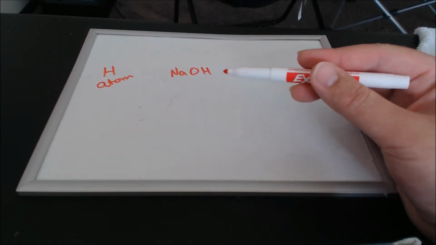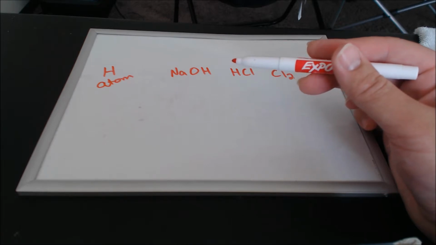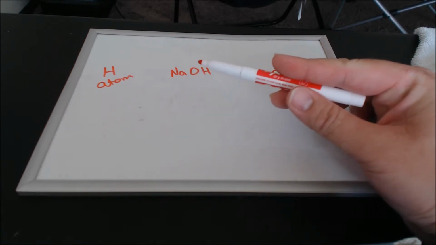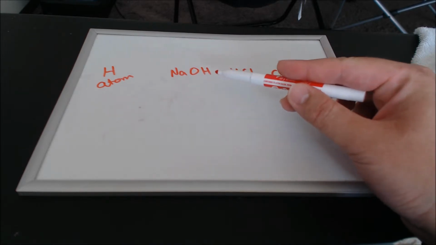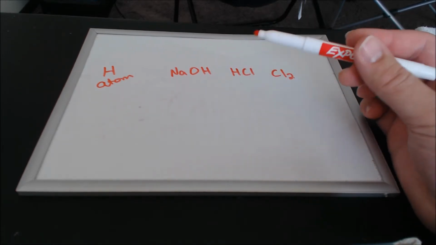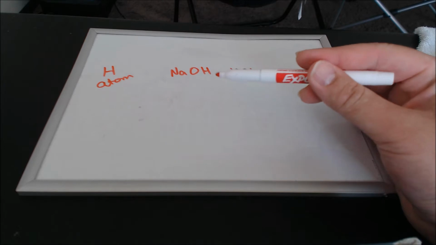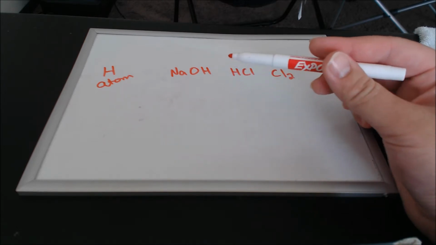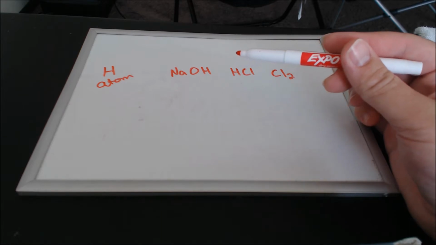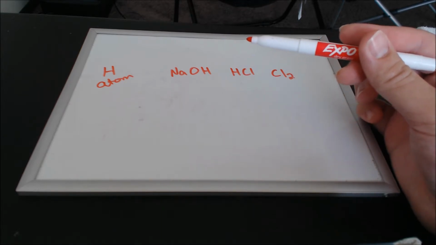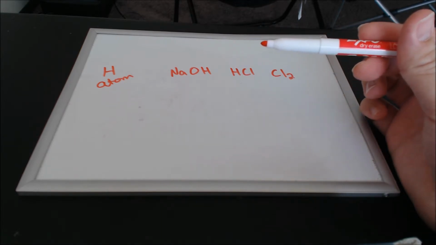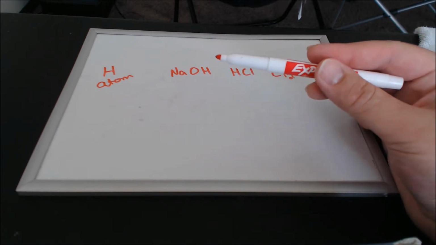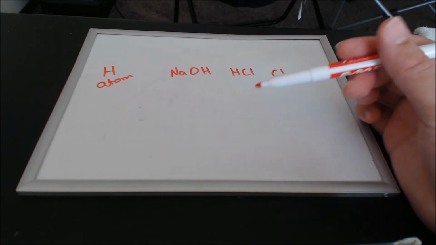Now, NaOH is called sodium hydroxide. So it has an Na element or atom, an oxygen atom, and then a hydrogen atom. Now we have four different atoms bound to one another in this case. And we said before that a molecule has to have at least two atoms bound to one another, and that a compound has to be made up of at least two different molecules, or at least two different atoms.